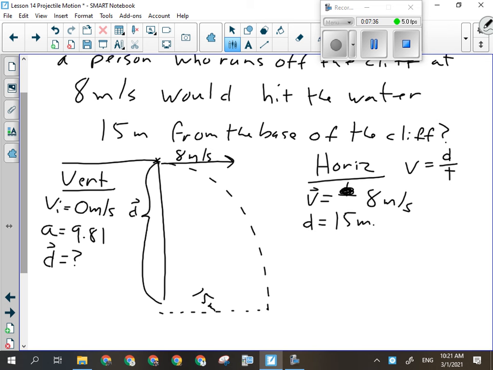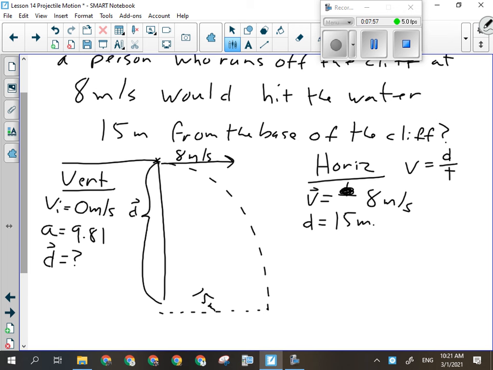It is. Just like it is in those boat questions we learned about. The amount of time it takes me to cross the river is the amount of time I go down the river. They're the same. They're happening at the same time. Once they hit the water, they're not moving horizontally and they're not moving vertically anymore. Okay? So the time is the same for both parts.